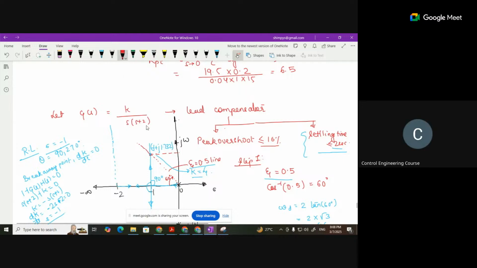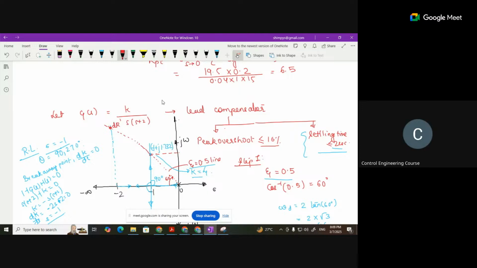And if we extend this line, now this is our dr dash.